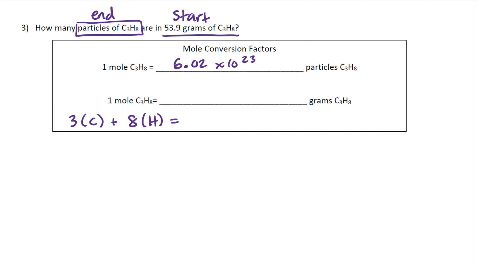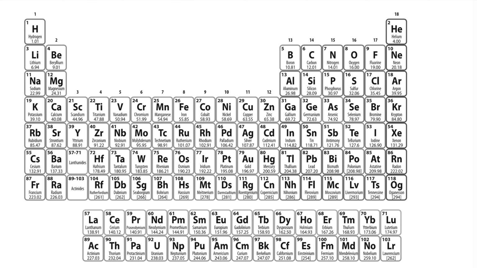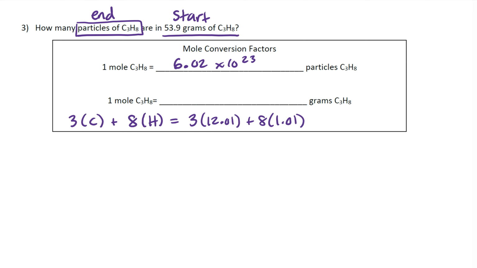Carbon has a mass of 12.01 and hydrogen has a mass of 1.01. So we have 3 carbons multiplying by 12.01, and then our 8 hydrogens are being multiplied by 1.01. We get a mass of 44.11 grams, and so that's equal to 1 mole.